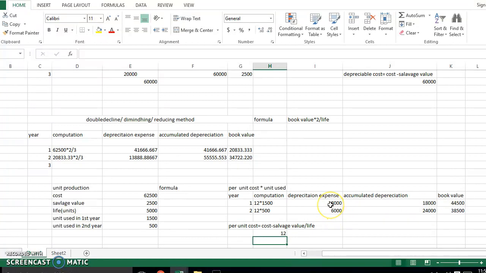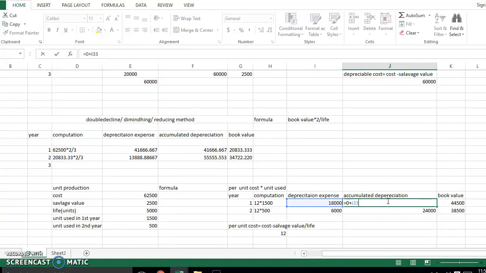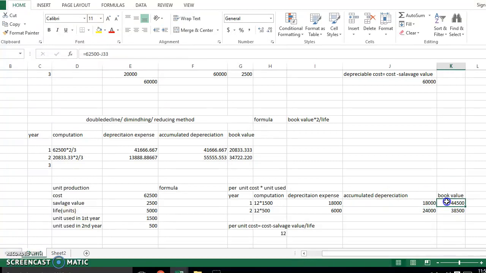In the same fashion, accumulated depreciation equals last year's depreciation plus the current year's. Last year, as we know, there is no depreciation, so it becomes 0 plus 18,000 equals 18,000. Book value equals cost minus the accumulated depreciation, so 62,500 minus 18,000. Now in the same fashion, we would complete this chart.